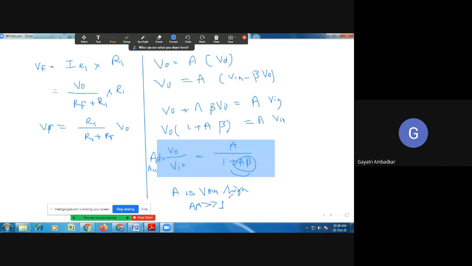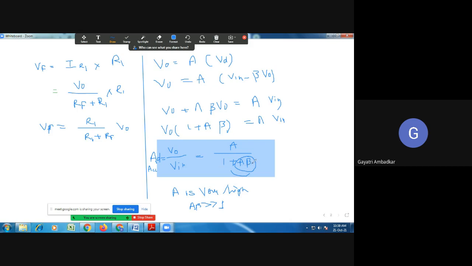That means I can consider A beta very much greater than 1, so I can neglect this one. 1000 plus 1 is approximately equal to 1000.